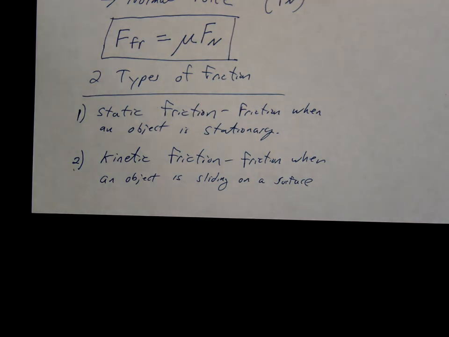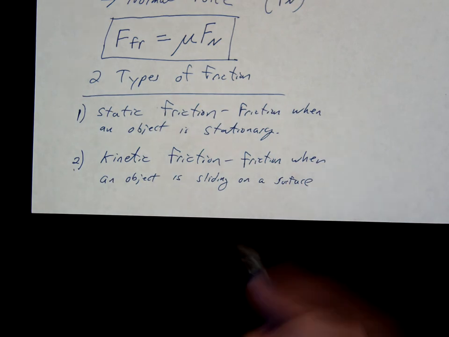Now if he's moving and he hits a wall, what happens? Then he starts to slide forward. And once he slides on that surface, what kind of friction is that? That would be kinetic friction. So once he starts sliding, we would consider that kinetic. All right, so that's static and kinetic.